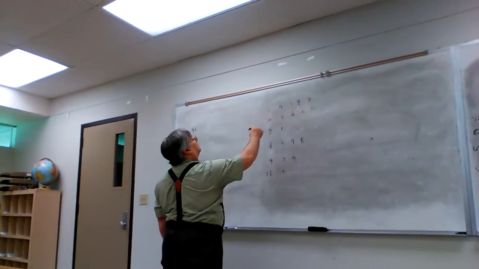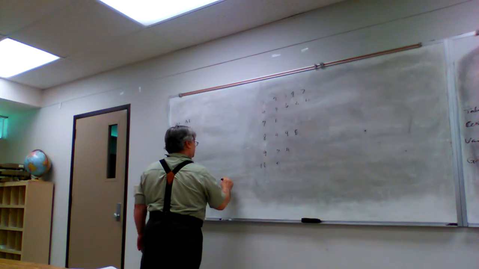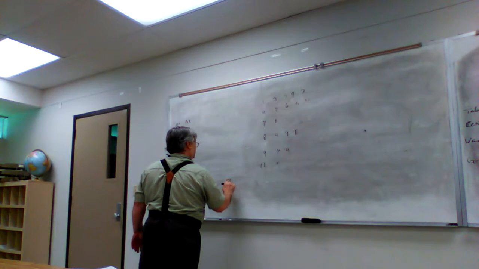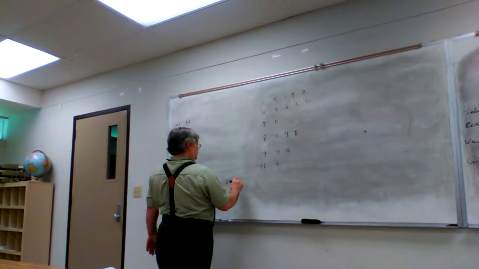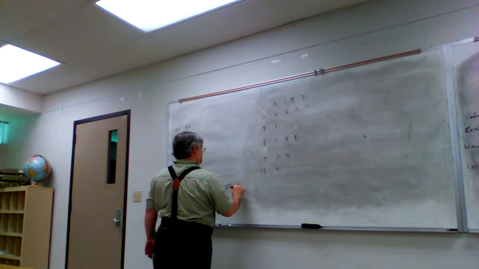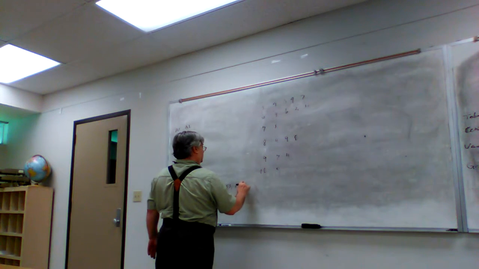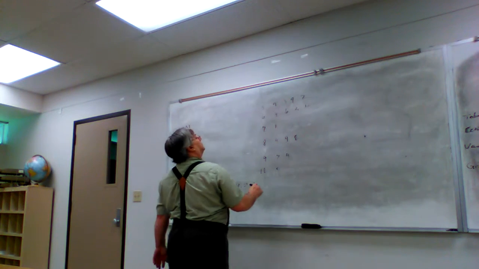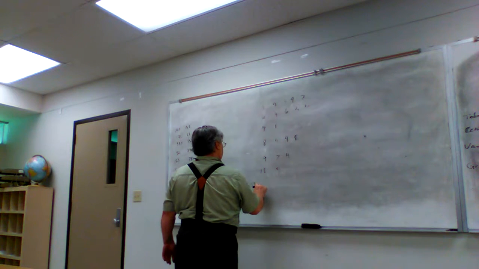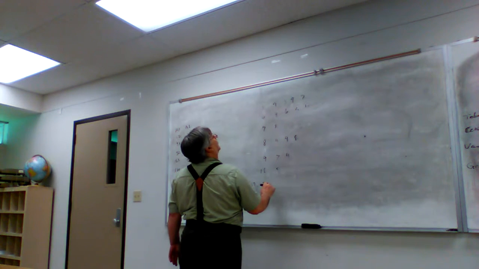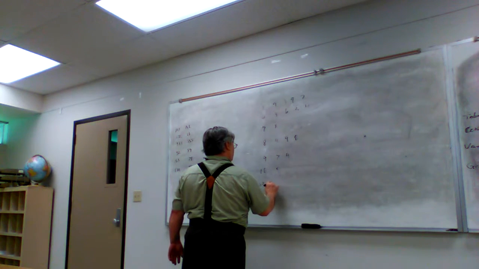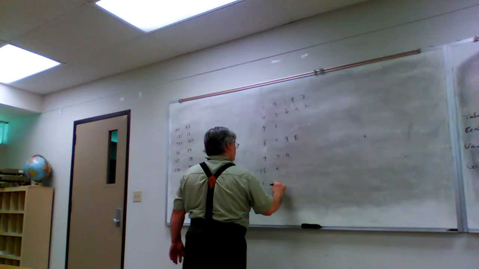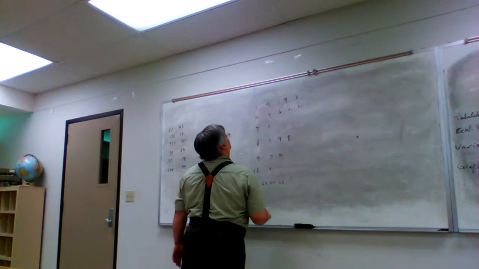Let's start at 53 as our lowest. And then a 57. And then two 59s. And then a 62. And two 64s. And a 66.